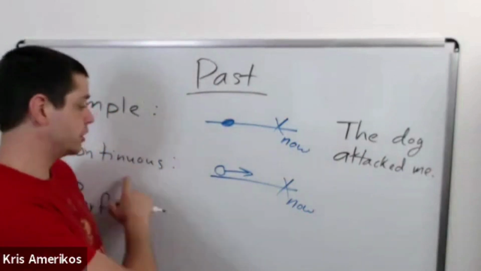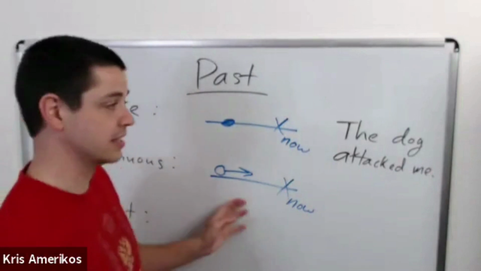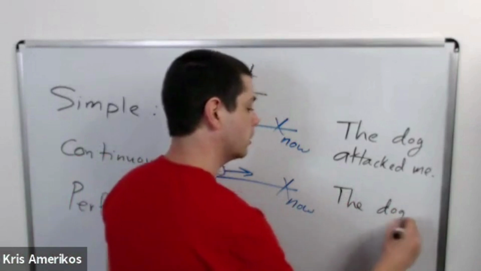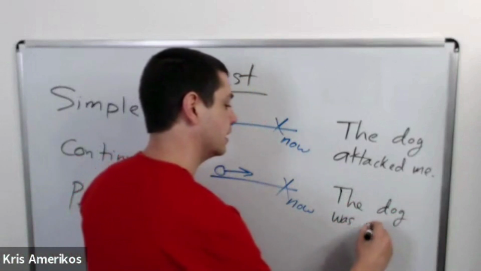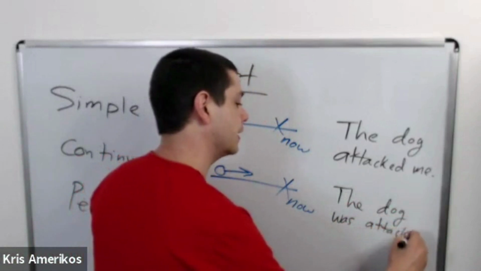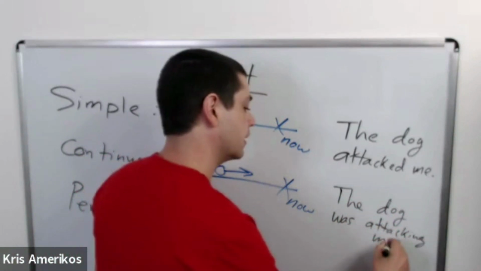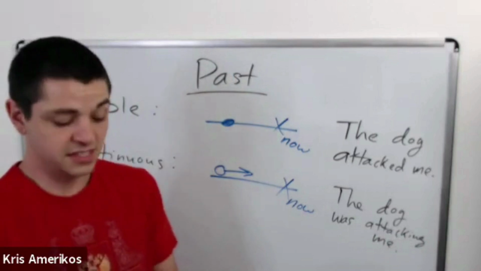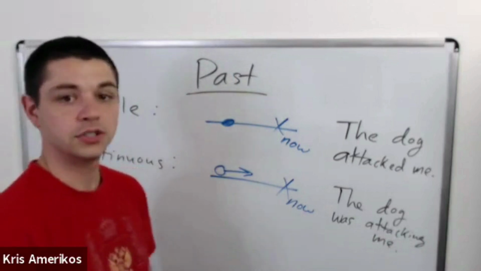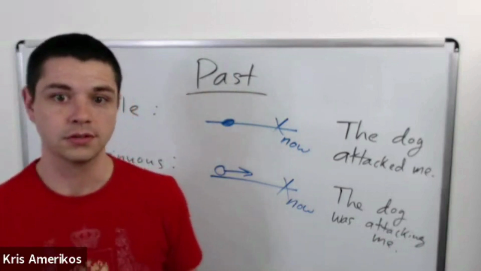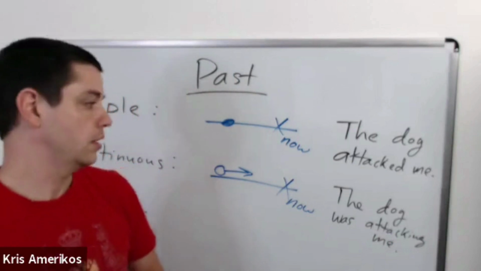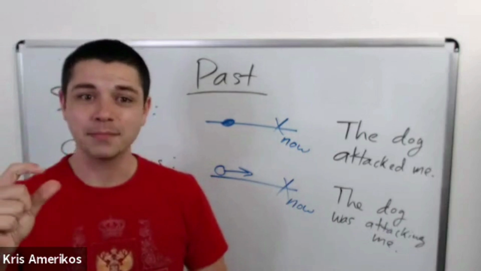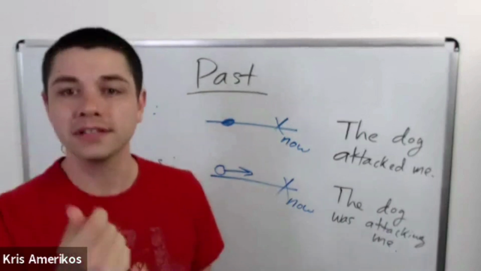So if we go to past continuous, and the example is, the dog was attacking me. The dog was attacking me. This is different. We don't have a result. Also, maybe this tells us about a point in time that is just one moment.